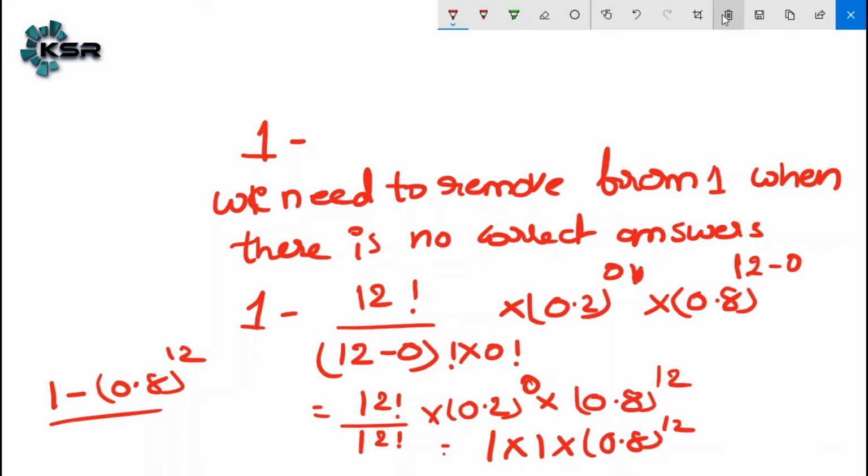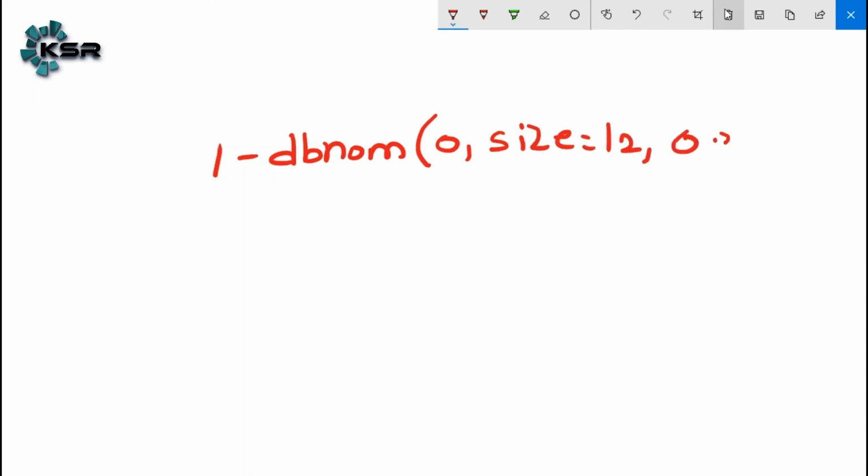Suppose I want to write this formula-wise. 1 minus dbinom of 0, size equal to 12, 0.2.